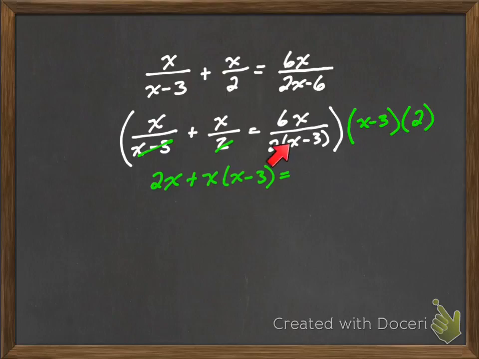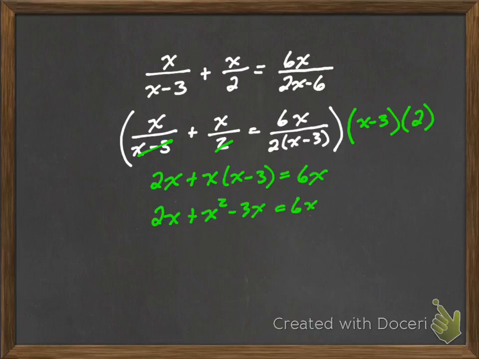And then over on the last fraction, all of this cancels with both of these, leaving us with just the numerator, which is 6x. All right, so distributing here is going to give us x squared minus 3x.